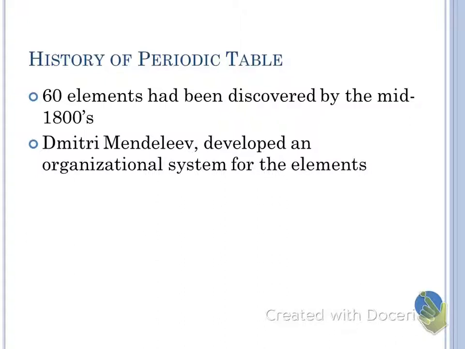Have you heard that name before? Good. He developed some organizational system for the elements. He was the one that first put them together in what we consider the periodic table. His table looked a lot different than the one that stands today, but he began organizing them, and kind of gave us a system as to how these things could start to be organized.